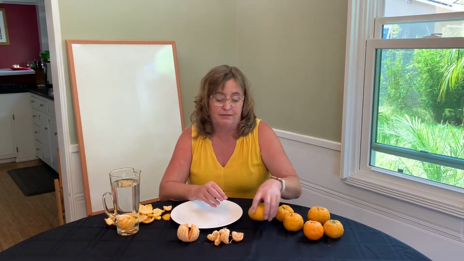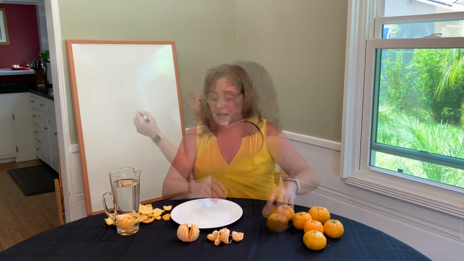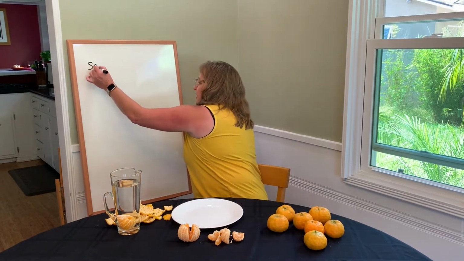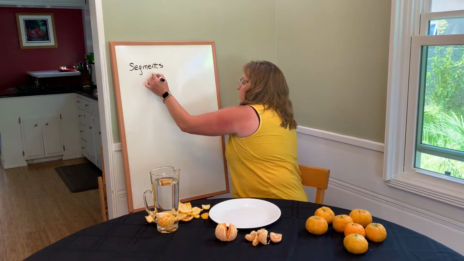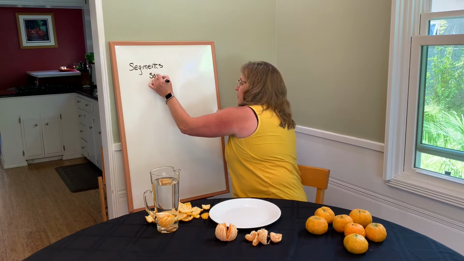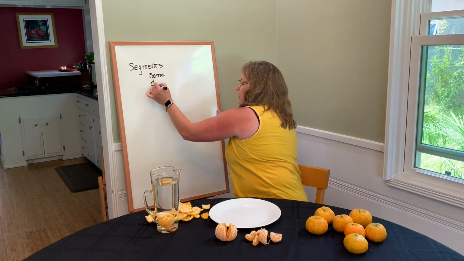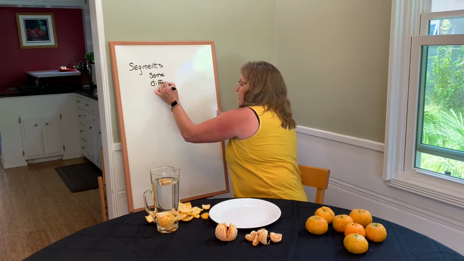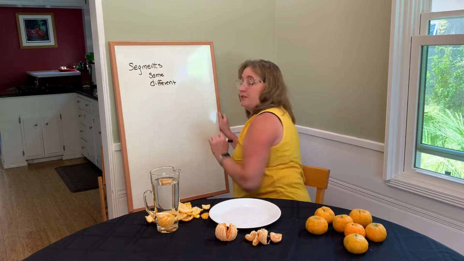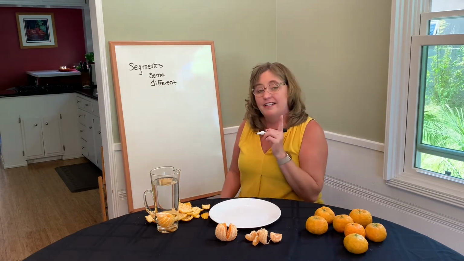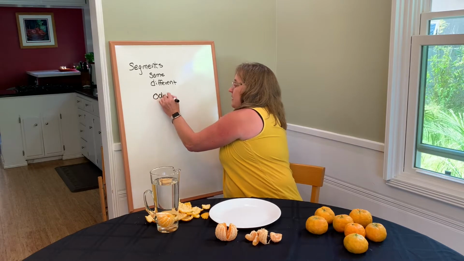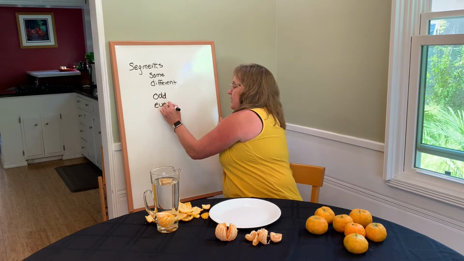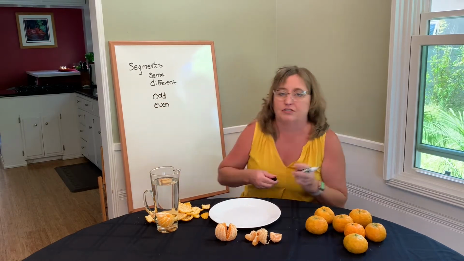Do you think these have the same number of pieces or a different number of pieces? That's the first question I'm going to find out. And the next one I'm going to ask you is, do you think we have an odd number of pieces or an even number of pieces in each of the tangerines?